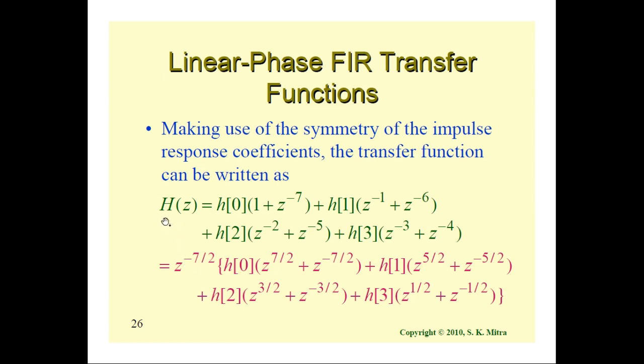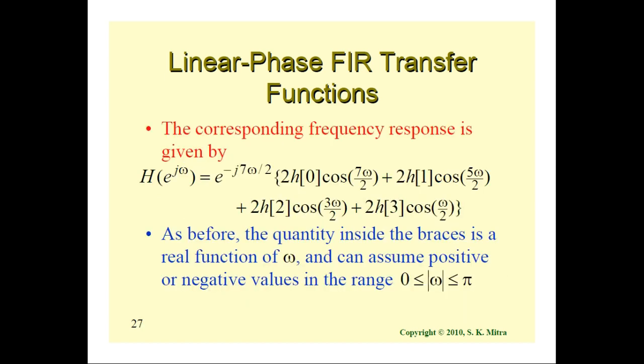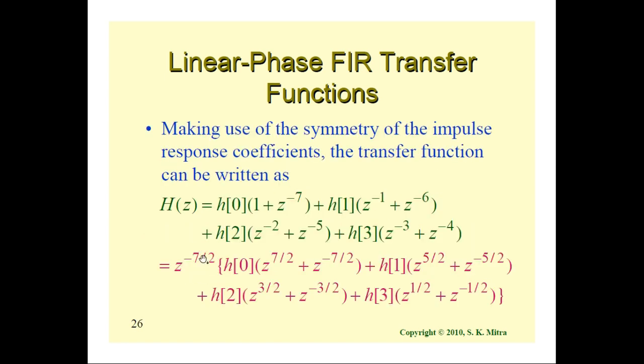Again, computing the transfer function on the boundary of the unit circle such that it converts into the related frequency response by substituting z equal to e^{jω}, we will get the frequency response as e^{-j7ω/2}, which will be our phase function in this case.